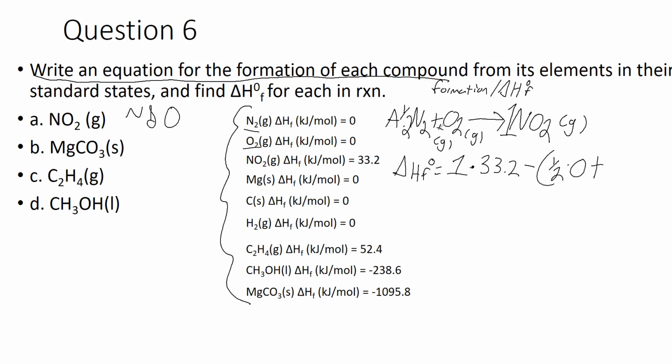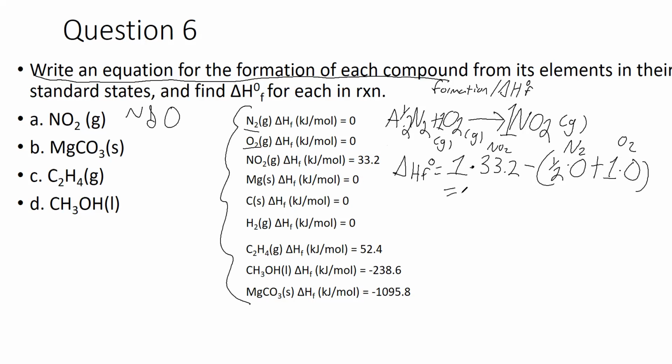plus, so this is the N2 portion, this is NO2, this is the O2, plus 1 for 1 mole of oxygen, multiplied by the delta H of formation for oxygen, which is 0. So 1/2 times 0 is 0, plus 1 times 0 is 0.